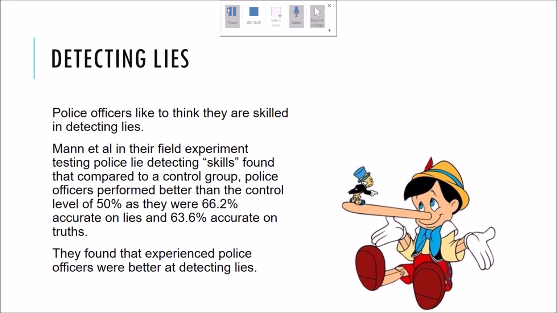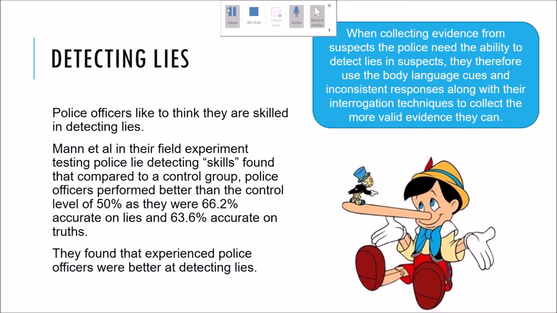They performed better than the 50% level of the control group, as they were 66.2% accurate on lies and 63.6% accurate on truths. So in other words, they were about 60% able to establish whether a comment made by a suspect was a lie or a truth. The experienced police officers were much better at detecting those lies.